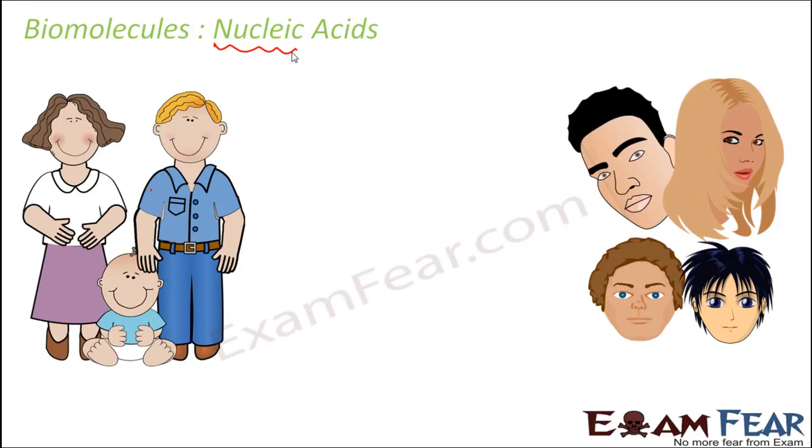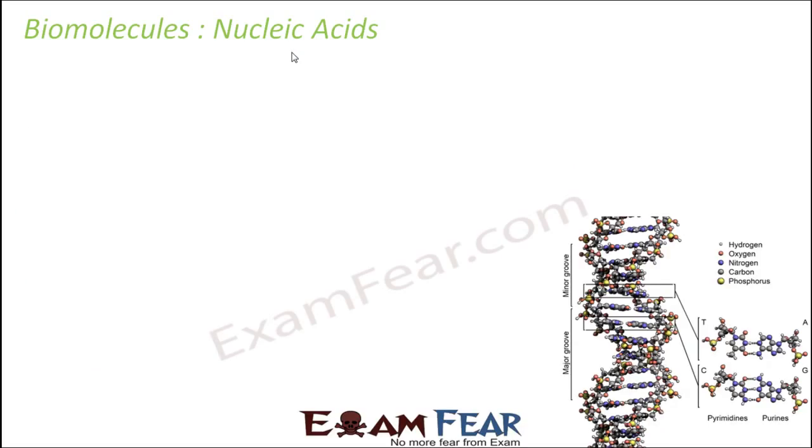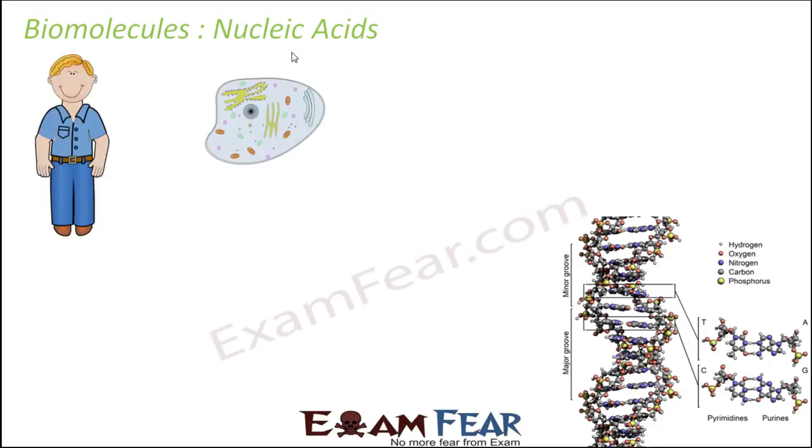So nucleic acids are concerned with inheritance, the genetic behavior. They are known as nucleic acids because they are present inside the nucleus of the cell. When you talk about a cell, you have a nucleus inside the cell, and inside the nucleus you have all the genetic material.